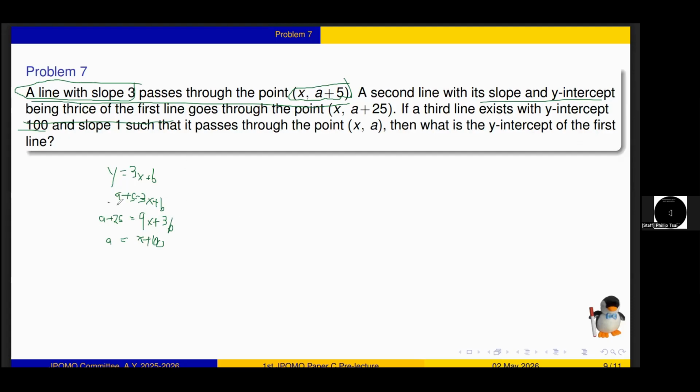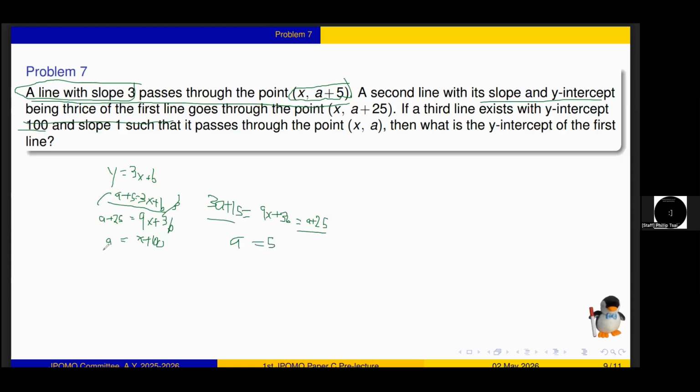Notice if you multiply this entire equation by three, you get 3a plus 15 is equal to 9x plus 3b. And notice 9x plus 3b is just a plus 25. So we just get a linear equation here. So 3a plus 15 is equal to a plus 25, which you can solve quickly to get a is equal to 5.